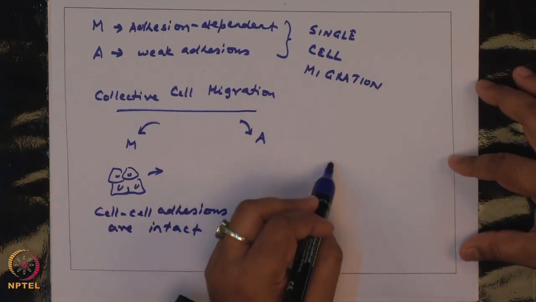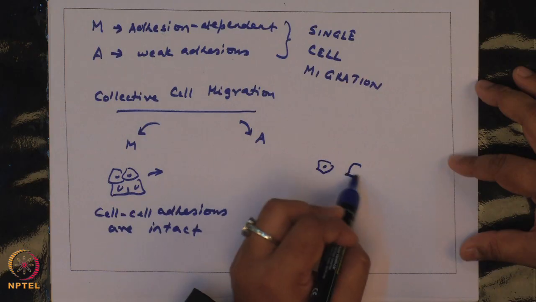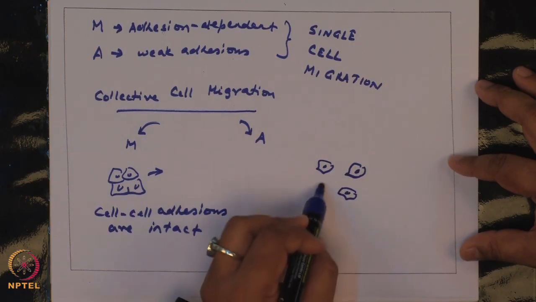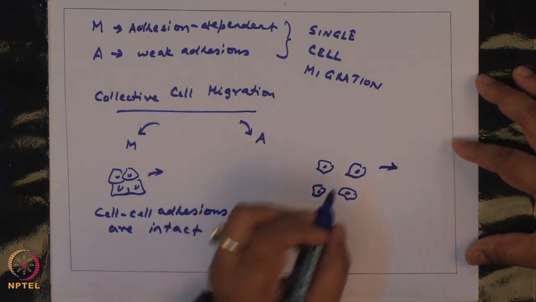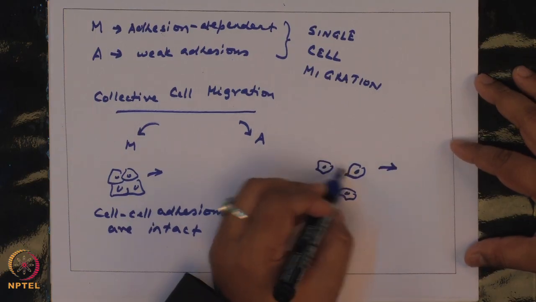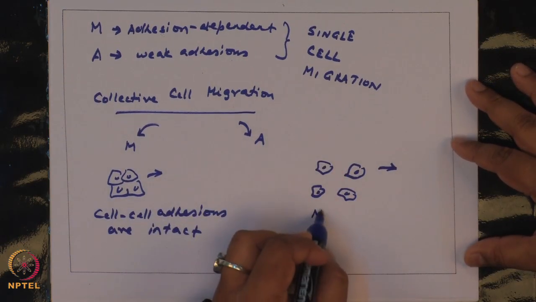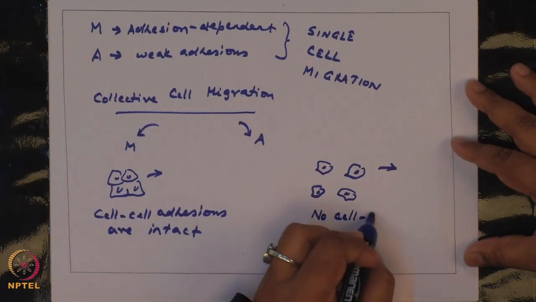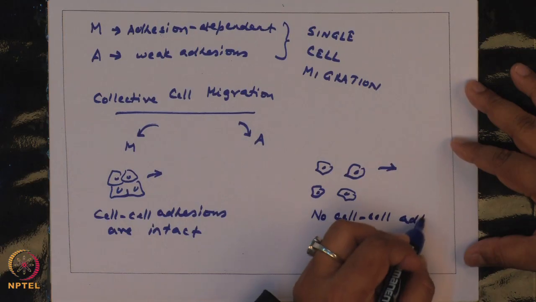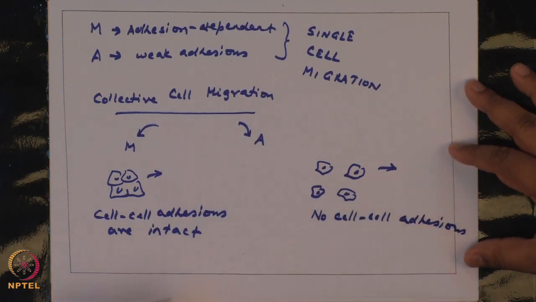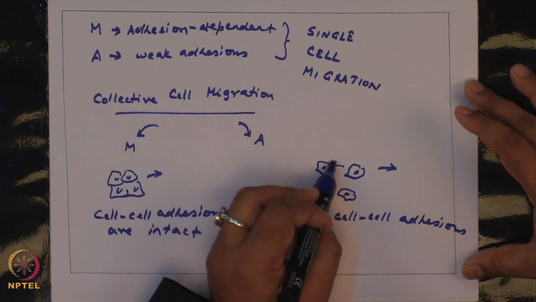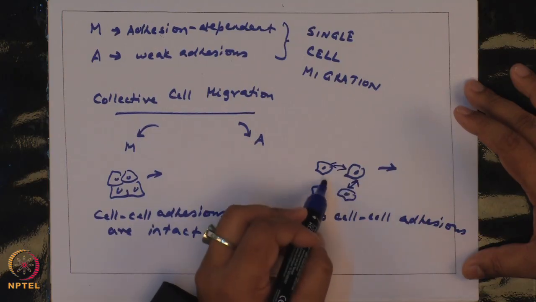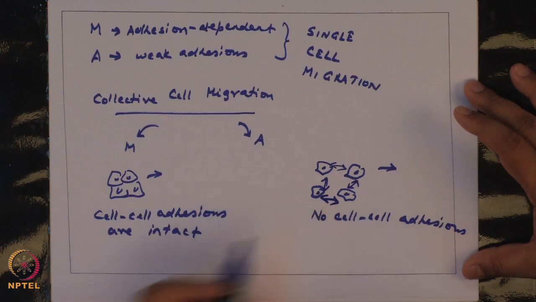But you might also have a situation where multiple cells are moving coherently in a given direction, but they are not attached to each other. So, there are no cell adhesions, but still you have a directionality to the migration. In this case, soluble cues coordinate the interaction between these cells.